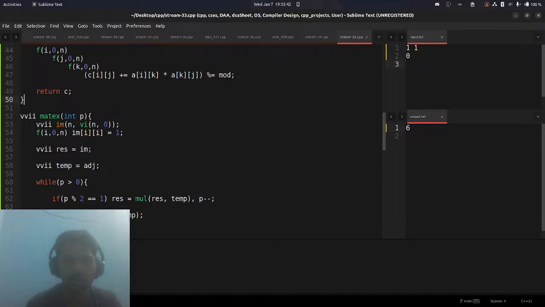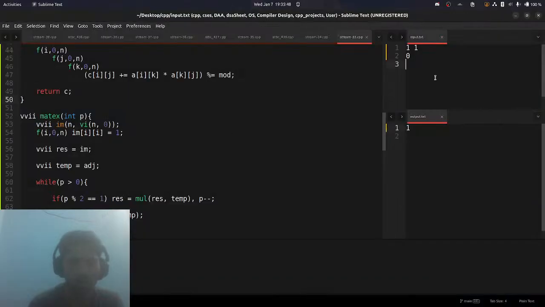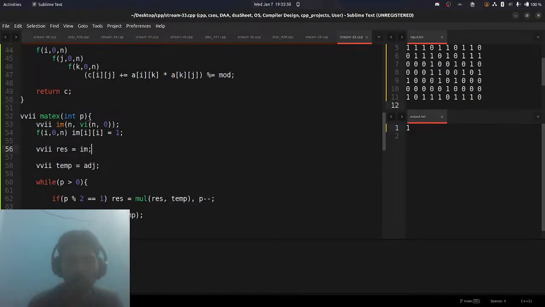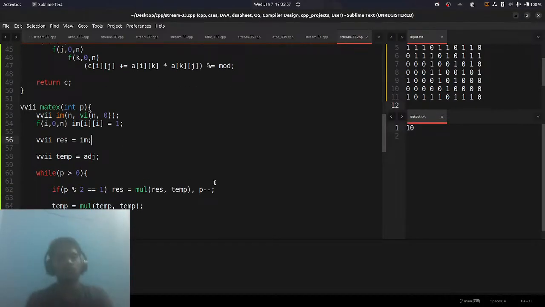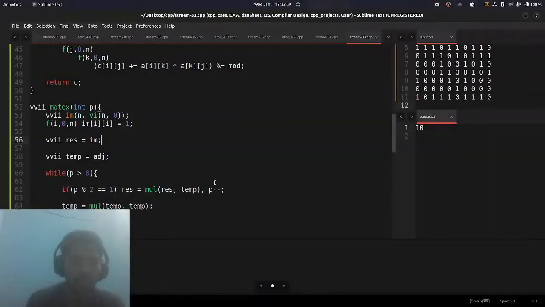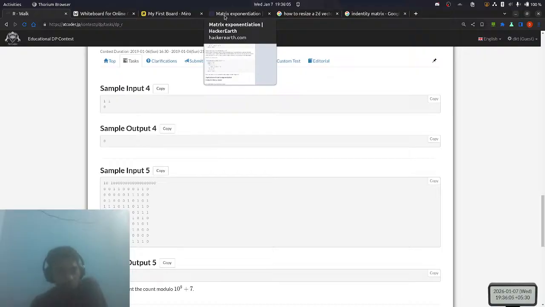What about this case? The answer is 1. And what about this case? The answer is 10 somehow. So it is not working. This is not working. But this should work.